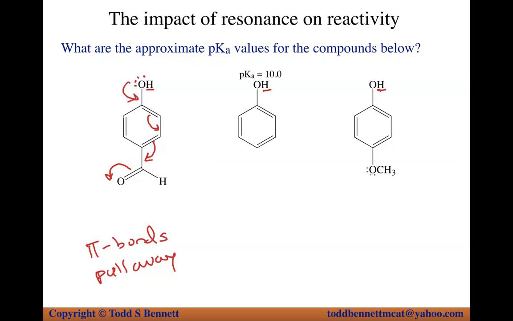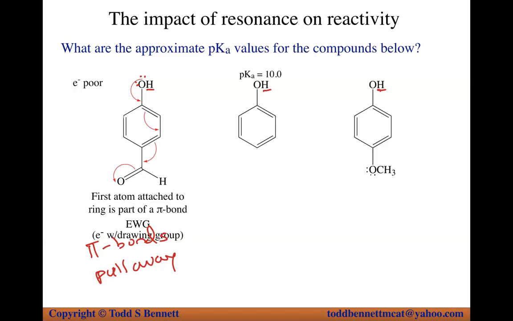One of the lone pairs is going to come in. So if you do that, so let me go ahead and get rid of that drawing, let the computer generate it. I still want to have a lone pair up here. There are two lone pairs, so one of them is going to come over. If it does that, then electron density is being pulled away.